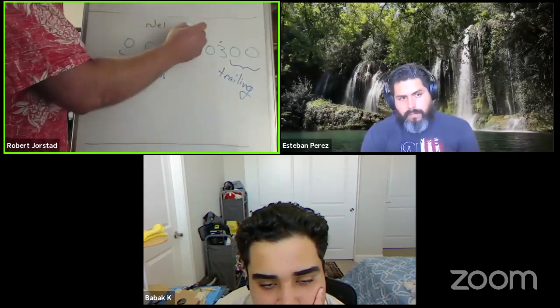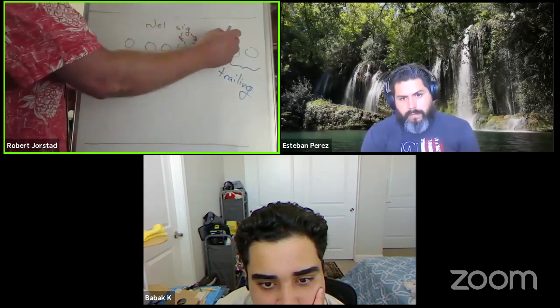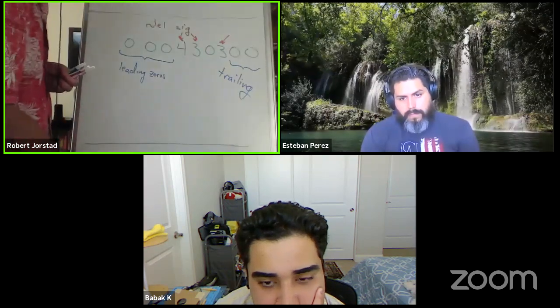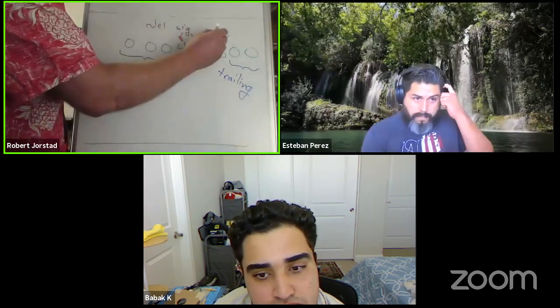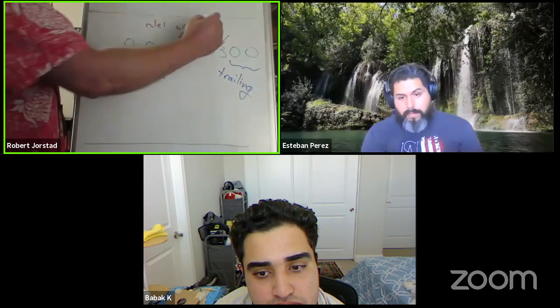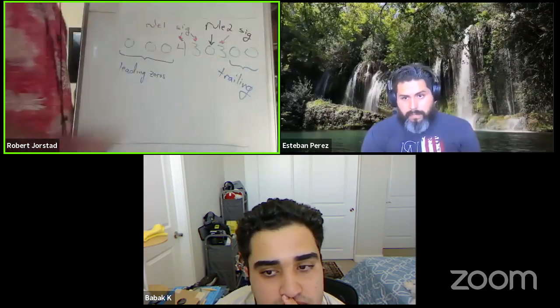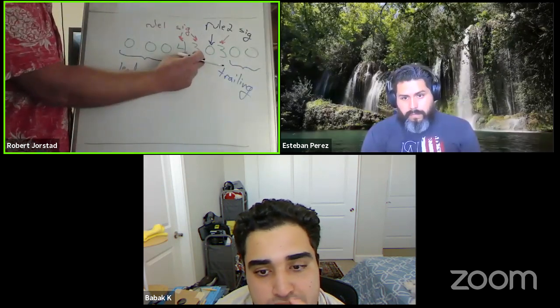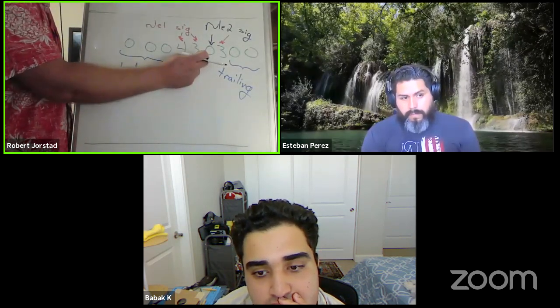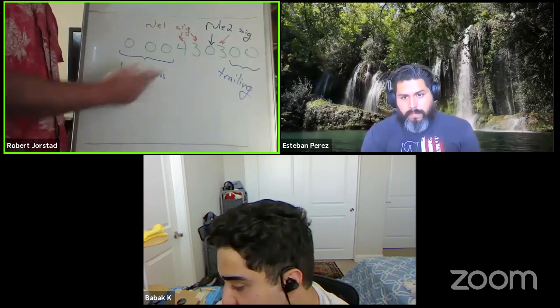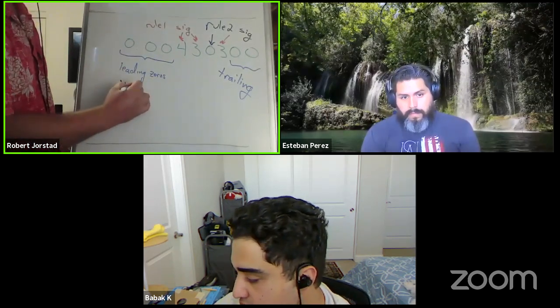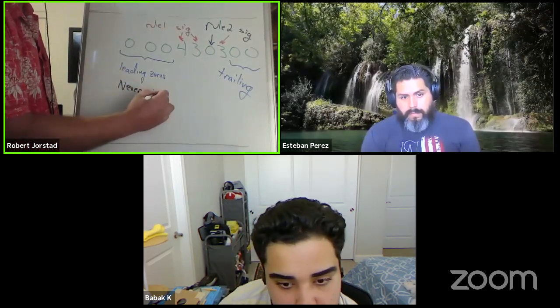Okay, that's this one, and this one. This one is a 0 between, so this is rule 2. That's also significant. So these are all significant. These are significant because this is between, also significant. Leading zeros, never significant.